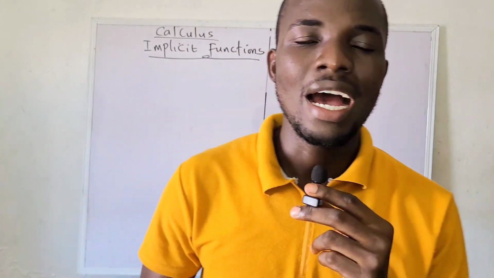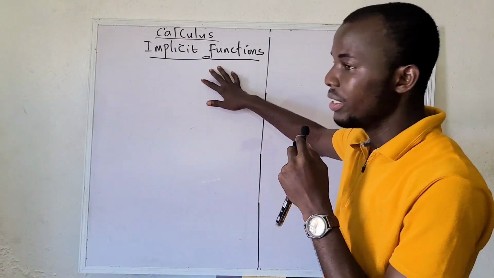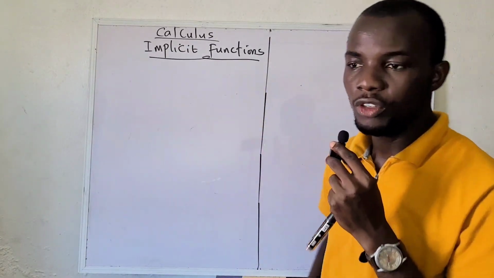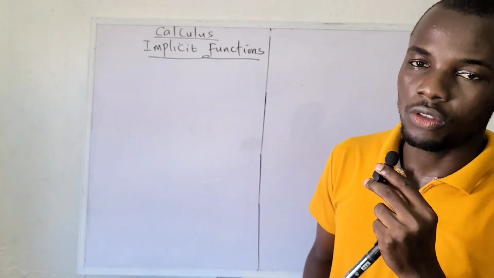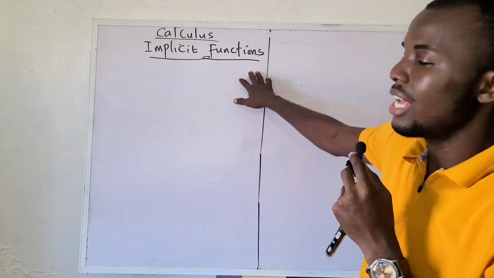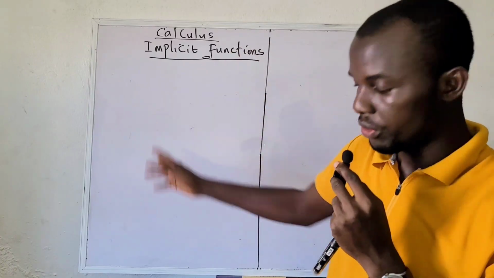Today we are looking at another aspect of calculus, and that will be implicit functions. In my previous class, I gave lessons on functions, and this is just an extension of the function of a function principle.